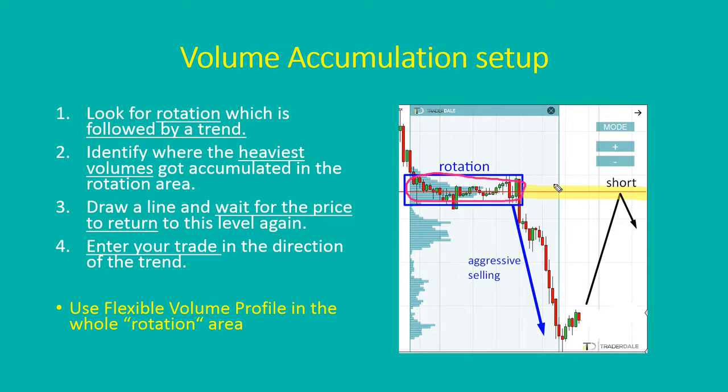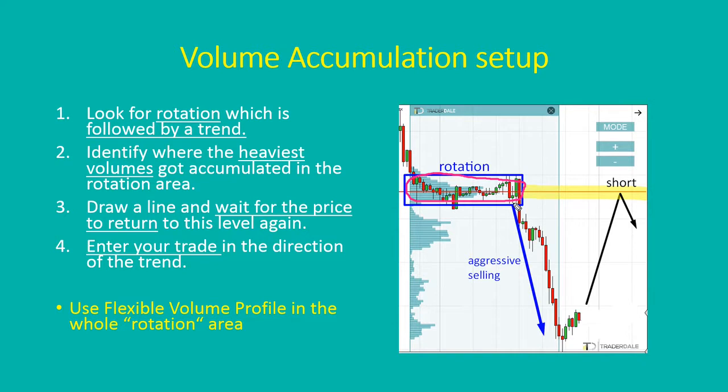By the time that the rotation got created, you don't know if volumes in this area were buyers or sellers. I know that there are some volume profiles around which sort of tell you if there are more buyers or sellers, but those are basically just fake numbers. You can't really tell if there were really buyers or sellers in here.